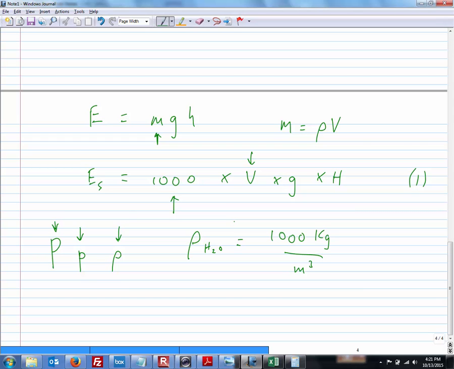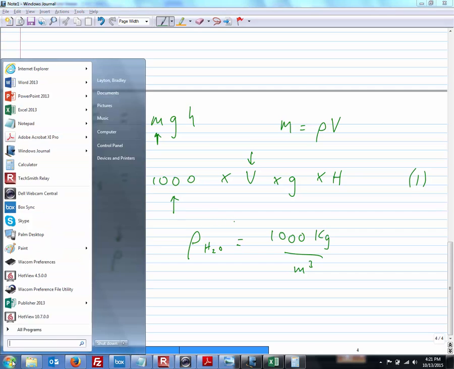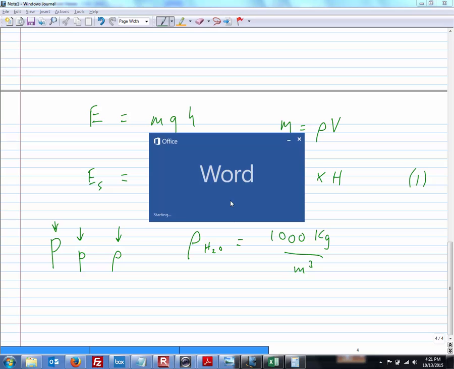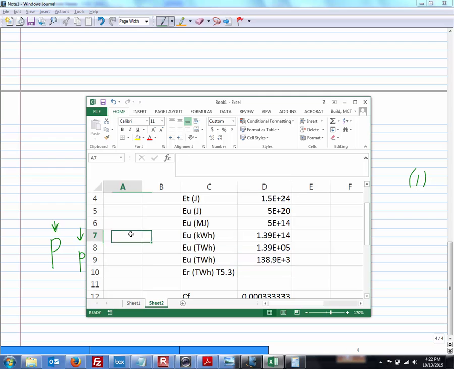If you're looking to use that in one of your equations in Microsoft Word, the way I found easiest to do it, let's let this start up here. Come on. Well, maybe I can do it in Excel.